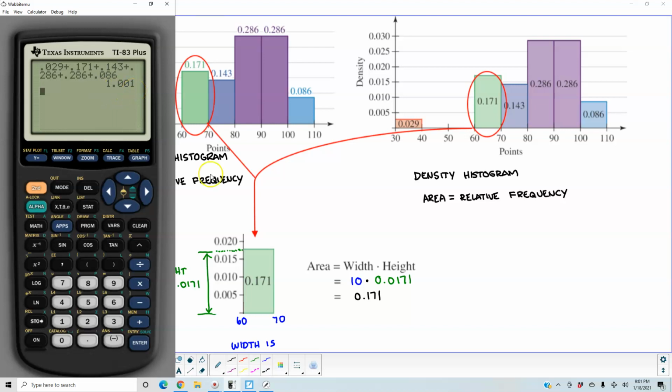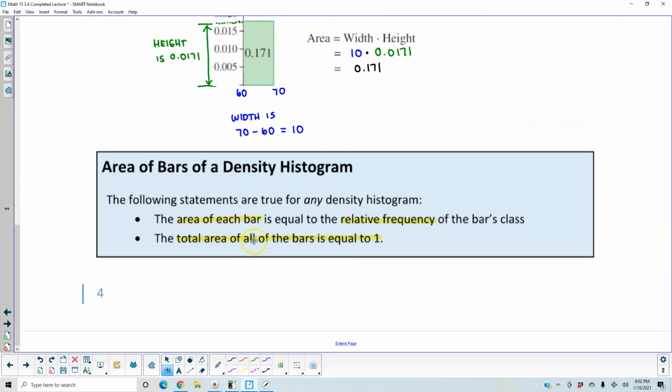Now, sometimes what happens is that when you find the total area of a density histogram, it might be 0.001 over, or it could be 0.999. So if it's real close to 1, in this case, that still means that the area is 1. So again, the total area of all the bars is equal to 1.